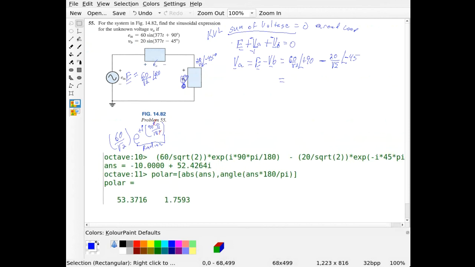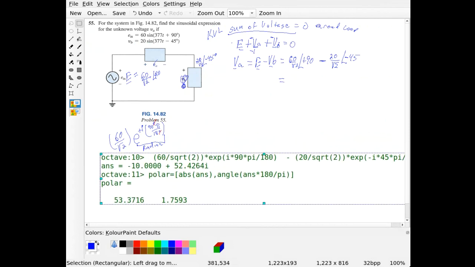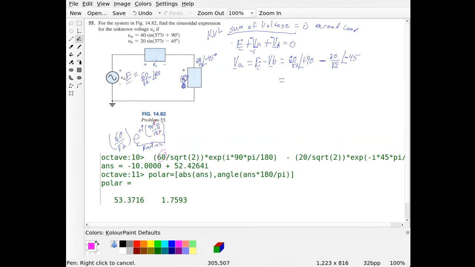All right, so here is my calculation inside of the Octave software. I really tried to spell it out here for you. So I had 60 divided by the square root of 2 times e to the minus I times 90 times pi divided by 180.